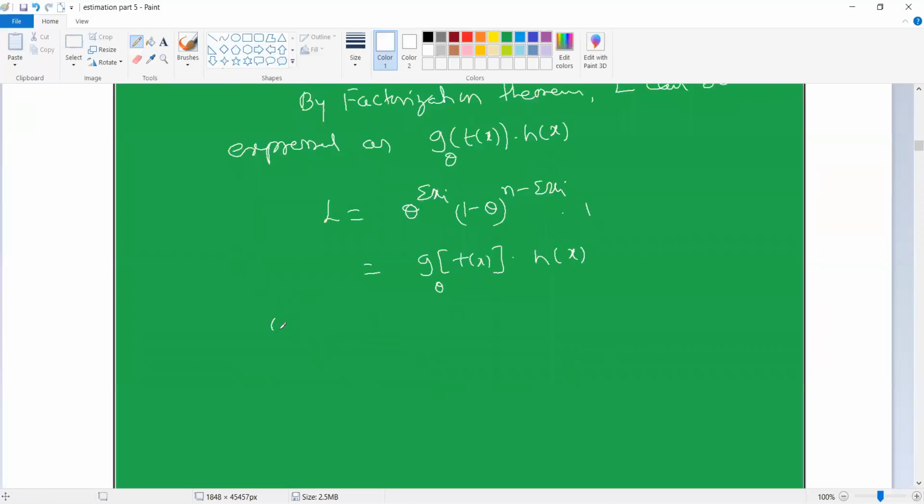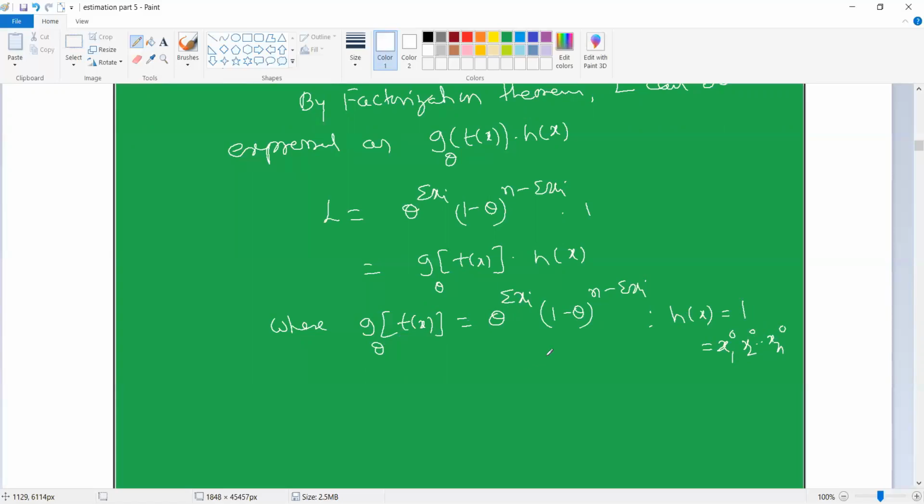where g of t of x is equal to theta power summation xi into 1 minus theta whole power n minus summation xi, and h of x is equal to 1. Here 1 means a function of sample observations; it can be written as x1 power 0, x2 power 0, and so on, xn power 0.